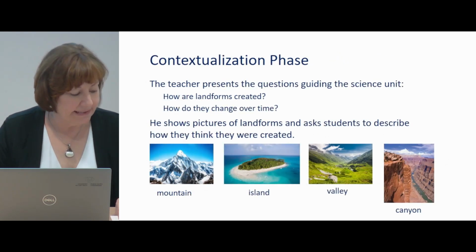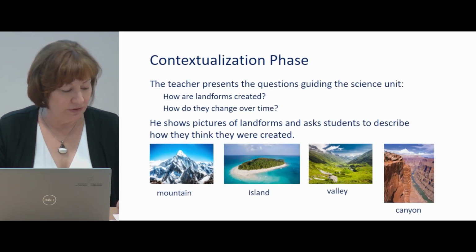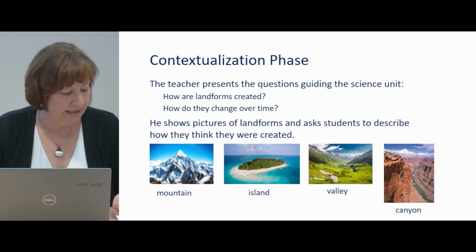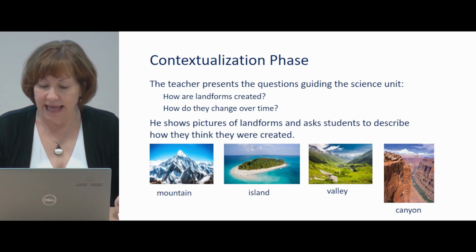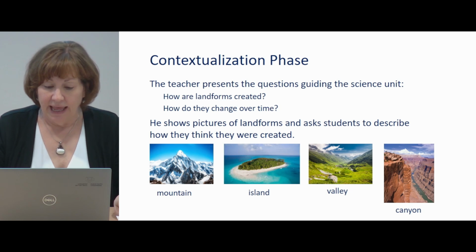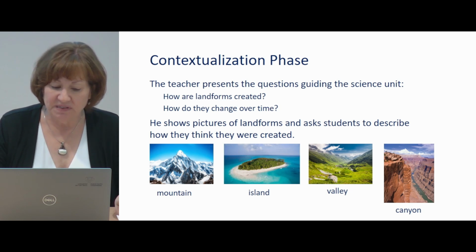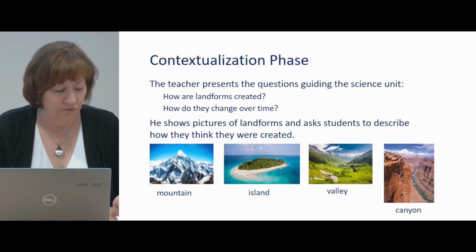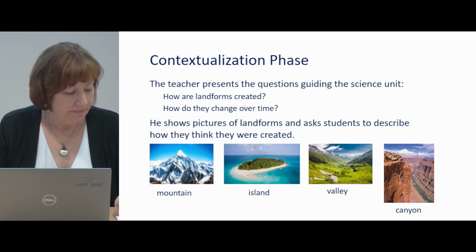All right, so the contextualization phase begins with the teacher engaging students at the start of the unit with an activity to activate prior knowledge. Students work in groups to see if they can come up with ideas about how particular landforms were created.